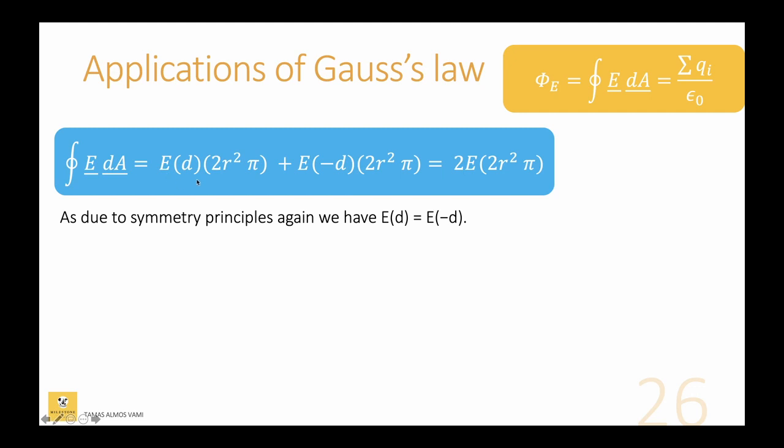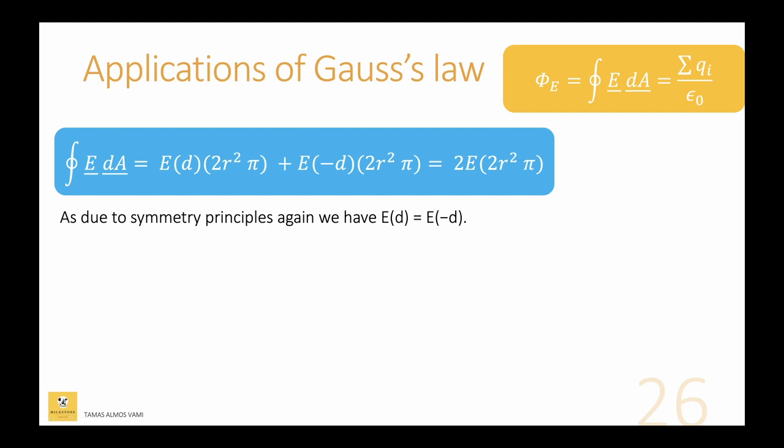So that means that we evaluate the electric field at the d distance, and we multiply with the area of the circle at the end of the cylinder, which is pi r squared. And we again have a circle on the right side of the cylinder, so that's again pi r squared, and we evaluate the electric field at the minus d location.